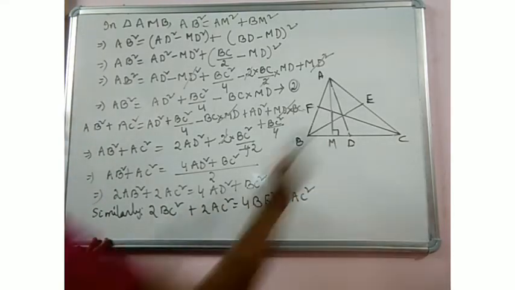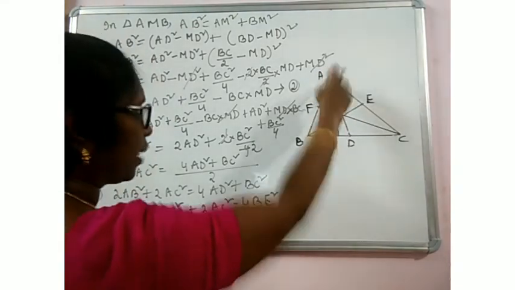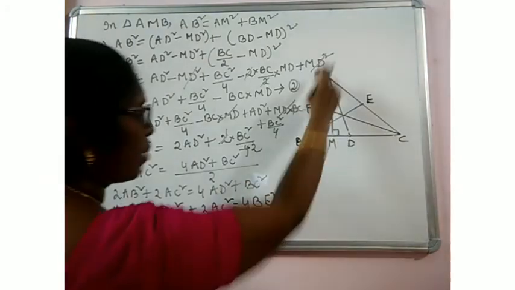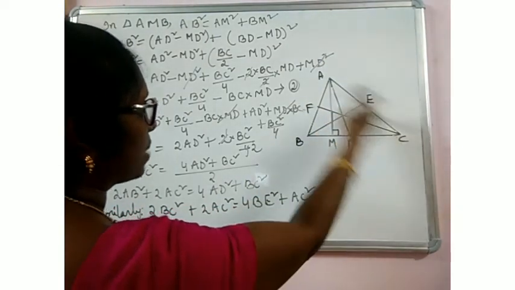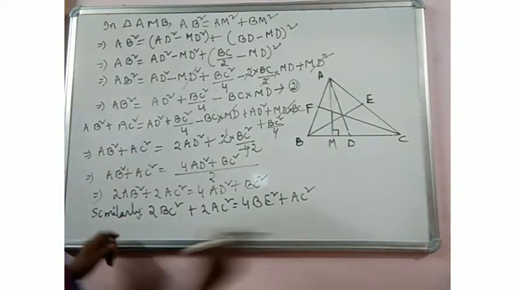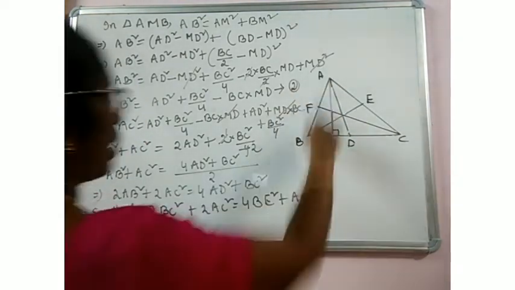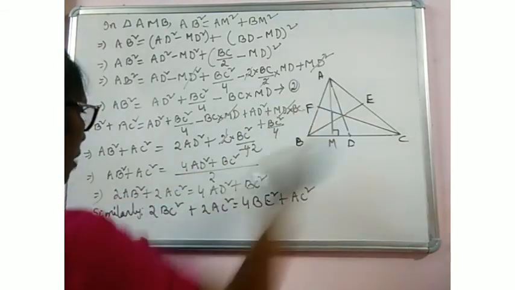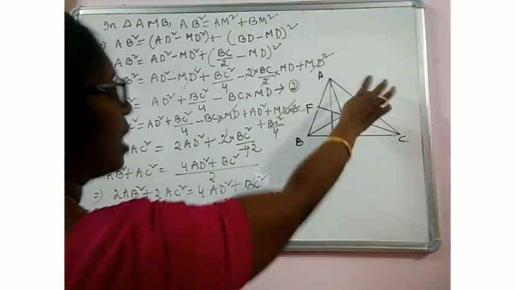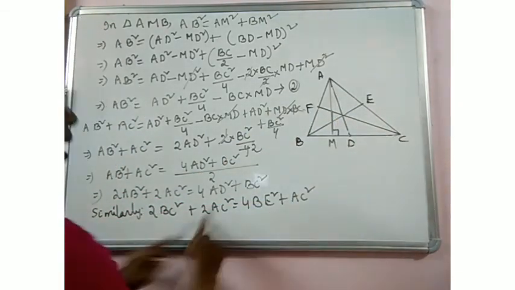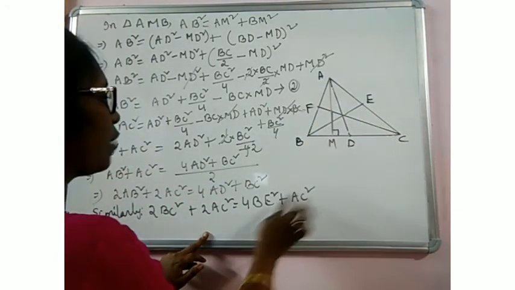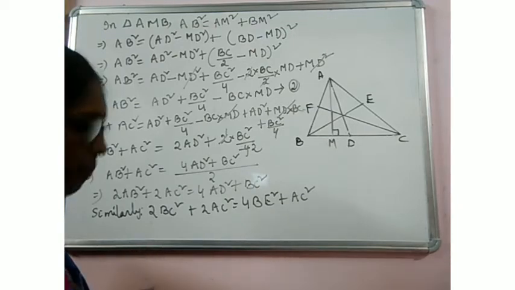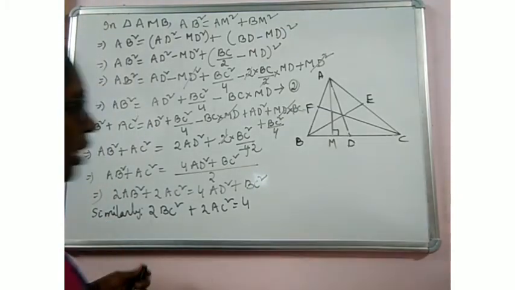And also, if you take a perpendicular from C to AB, for AB square plus AC square we got 4AD square plus BC square. And for this, BC square plus AC square, here we will get 2CF square.